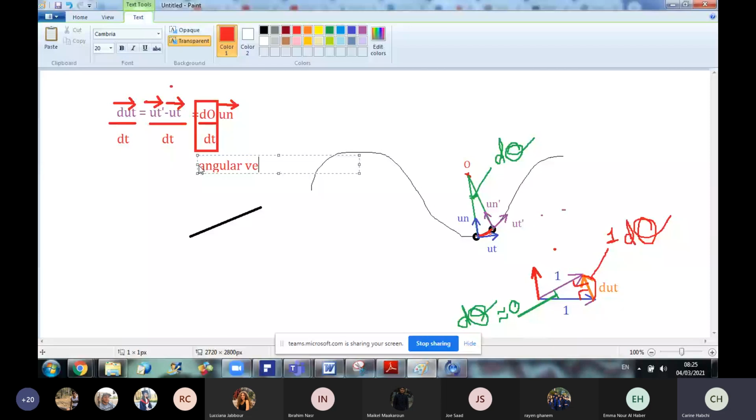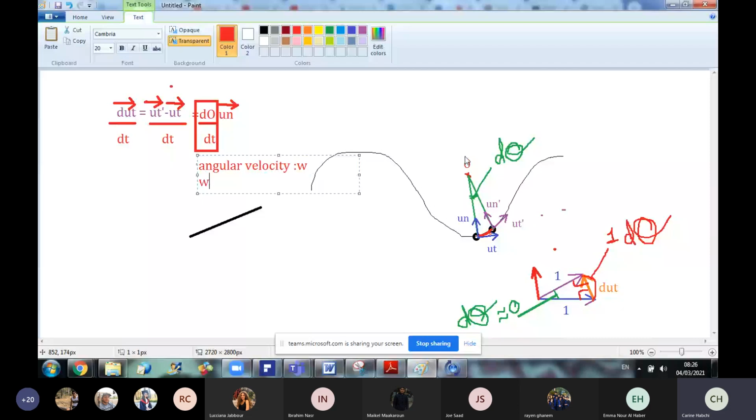We know that from circular motion, d theta is the angle of displacement on this small arc of circle. So d theta by dt represents the angular velocity of rotation around O. And in circular motion, how can we relate angular and linear velocity?